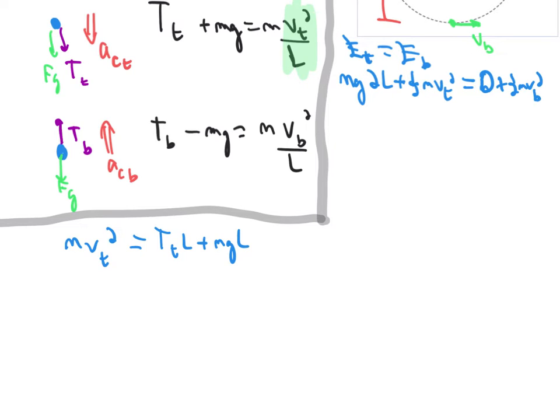And likewise, looking at this one, we're going to get that m Vb squared is tension at the bottom times L minus mgL, something like that.